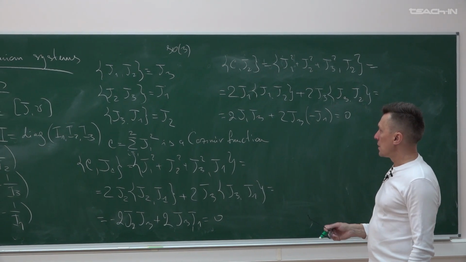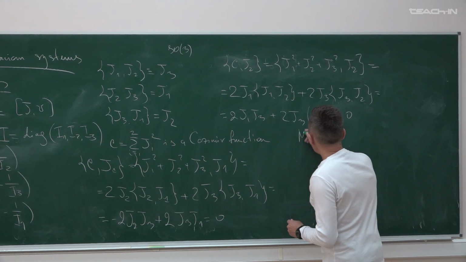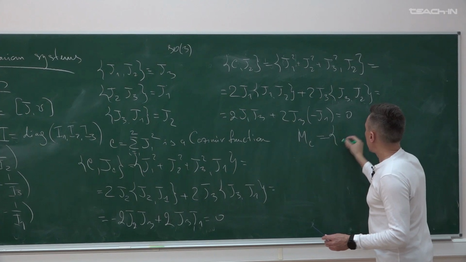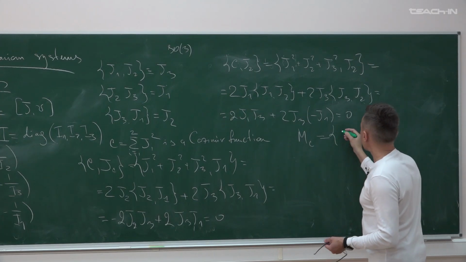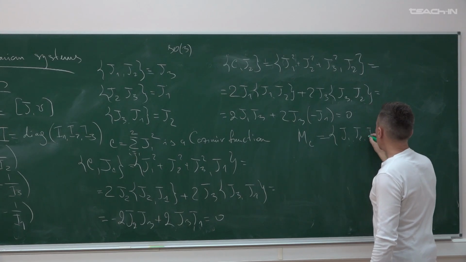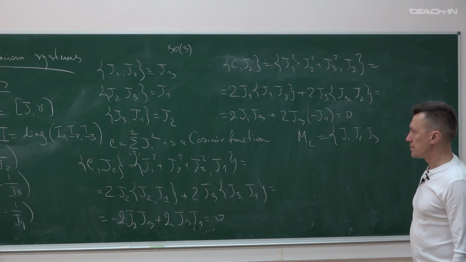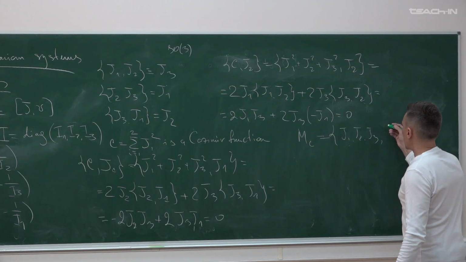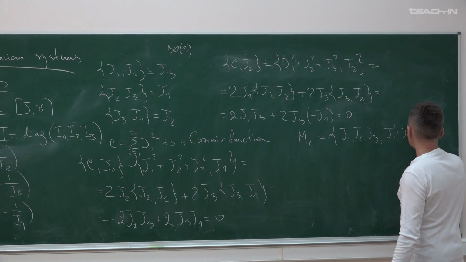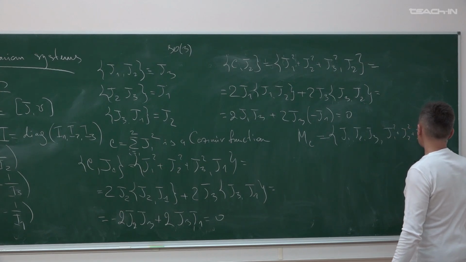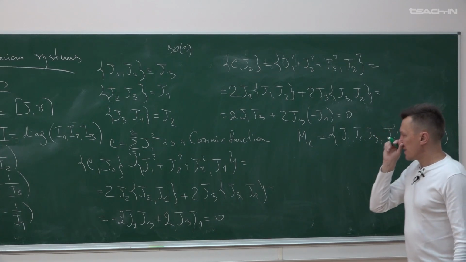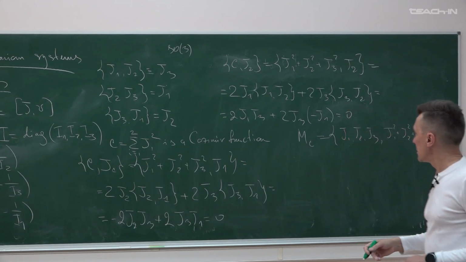C. MC is a point J1, J2, J3 such that J1 square plus J2 square plus J3 square is equal C. So it's a two-sphere.